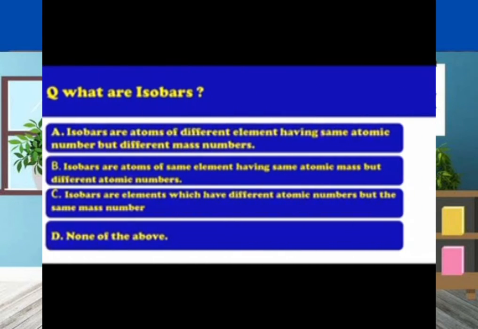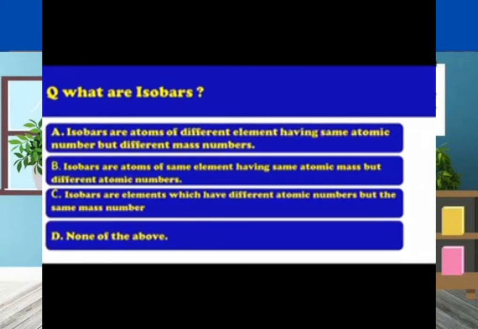The next question, what are isobars? Here you have four options. First option, isobars are atoms of different elements having same atomic number but different mass number. Isobars are atoms of same elements having same atomic mass but different atomic number.